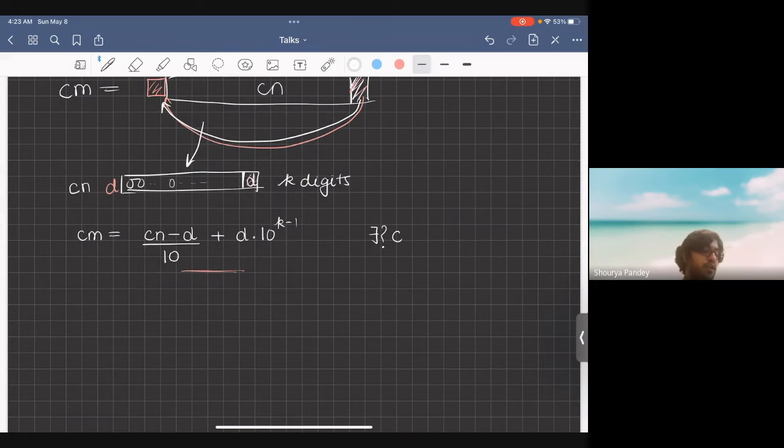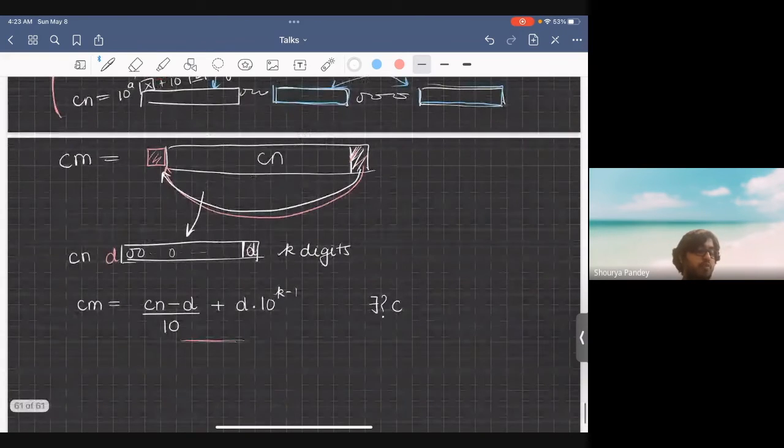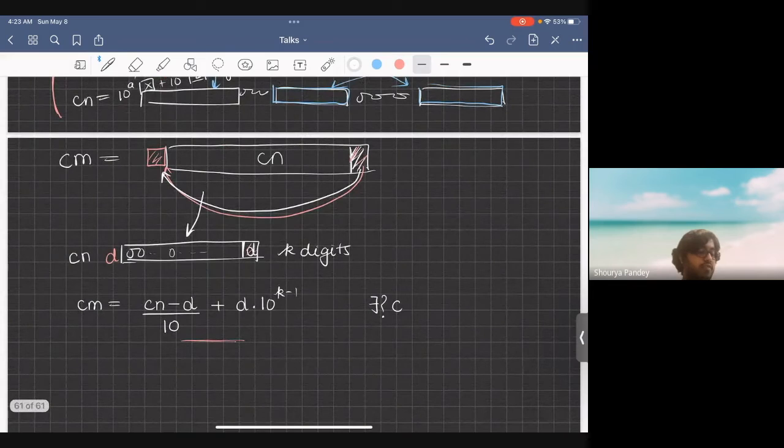In fact, if we don't allow leading zeros and we take m to be more than n, then this Cm can be at most 10 times Cn, because the number of digits in Cm and Cn will be equal. So we'd better allow leading zeros to not fall into that case. But this is fine.